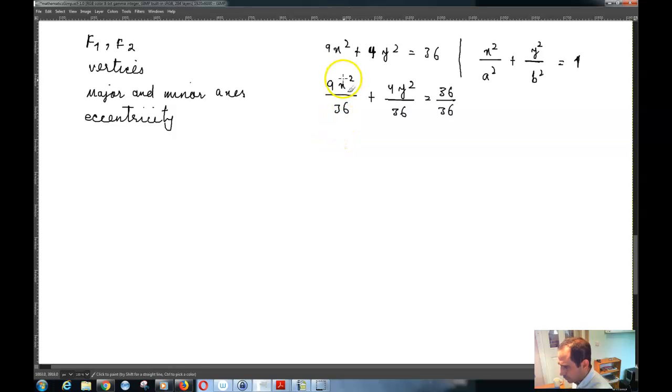Now over here you have x squared by 4, since 9 by 36 is 1/4, so x squared by 4 plus y squared by 9 is equal to 1.